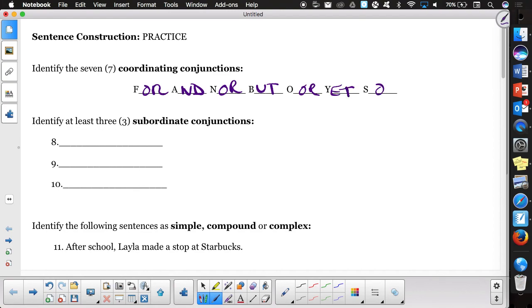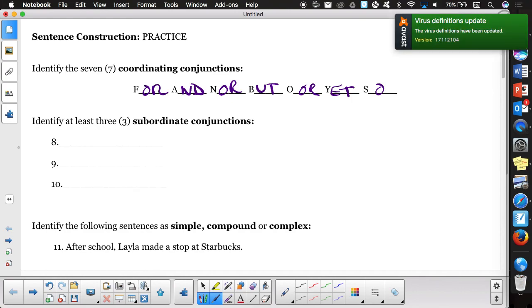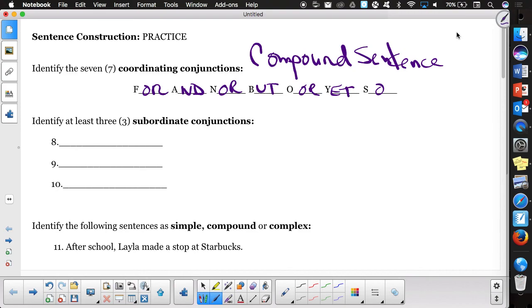So coordinating conjunctions, what type of sentence do we associate these with? Simple, compound, complex? Compound, okay? So these are getting used for a compound sentence because remember, essentially what you're doing with these is linking together 2 simple sentences. I am not going to eat dinner for the next 2 days, comma, for I want to have a lot of room in my tummy for Thursday.